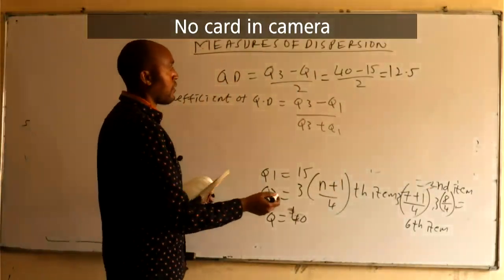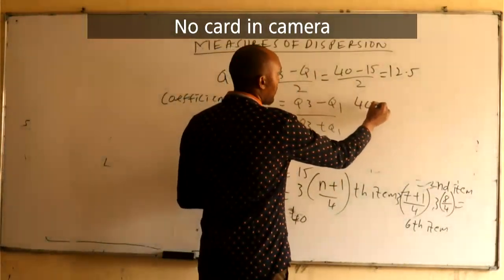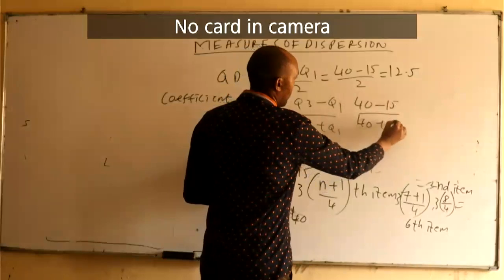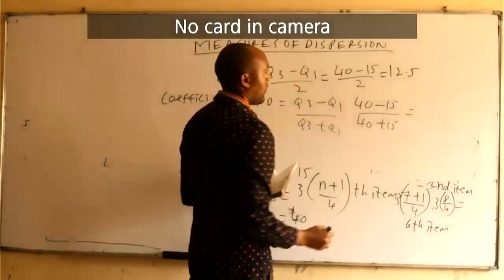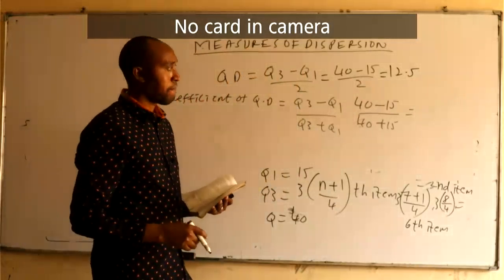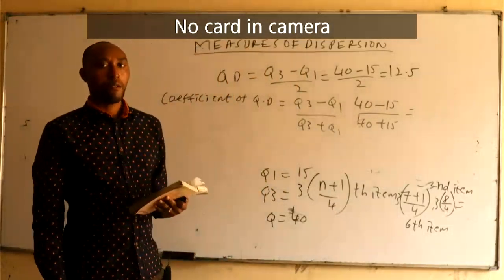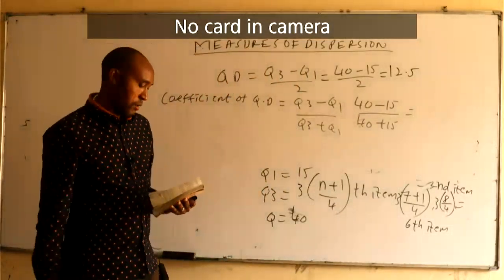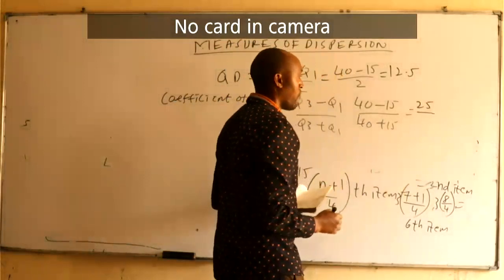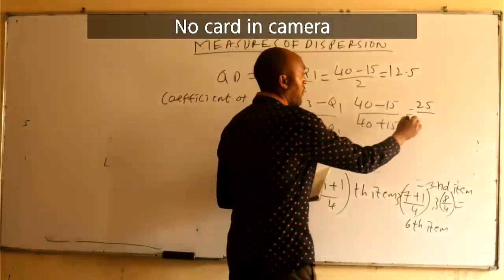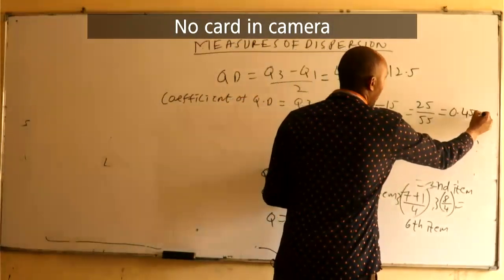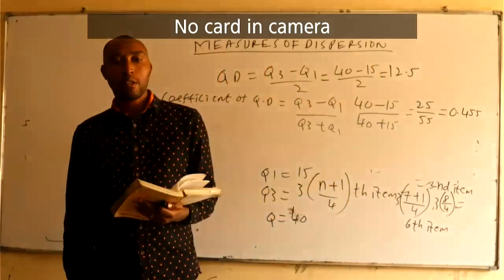So we have our figures: Q3 is 40 minus Q1, which is 15, over 40 plus 15. Someone do the calculation. So this is 25 over 55, which gives your answer, 0.45.